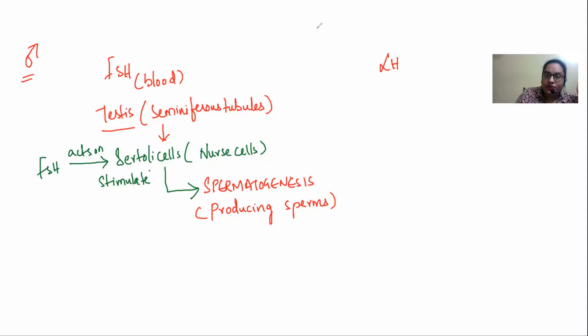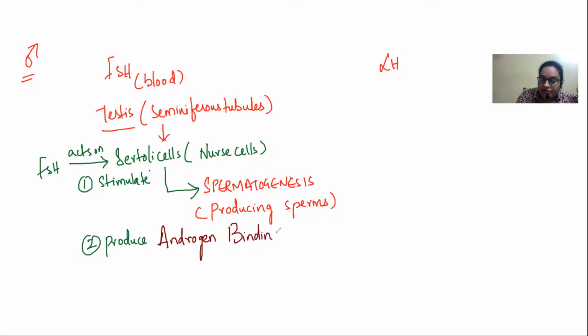As well as that, they have another function. The first is stimulating the production of sperms. Secondly, they produce a special protein called androgen binding protein, ABP.